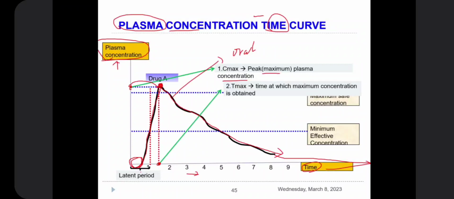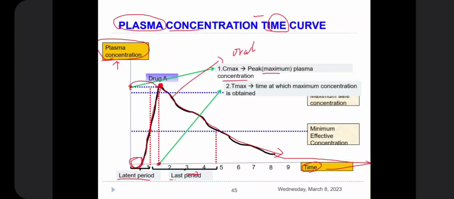And this is the latent period. You can see this point, because up to this point it will take action, and under it, it still has not reached the effective dose. So the time before it is the latent period, and the time to another point means the time that the drug has no action below it.